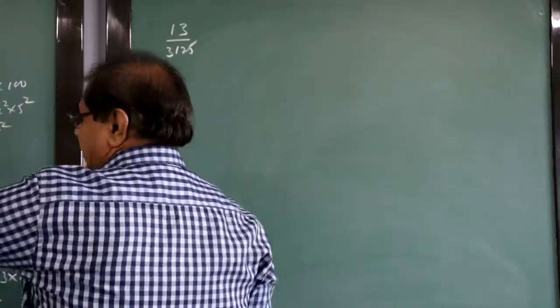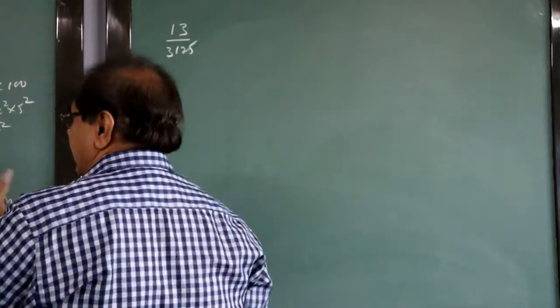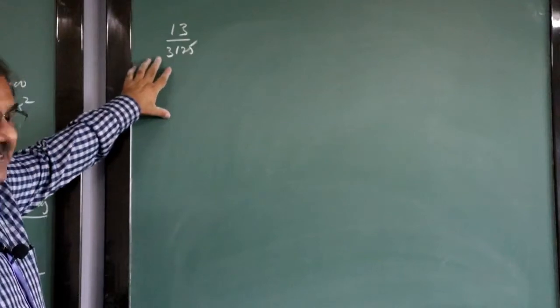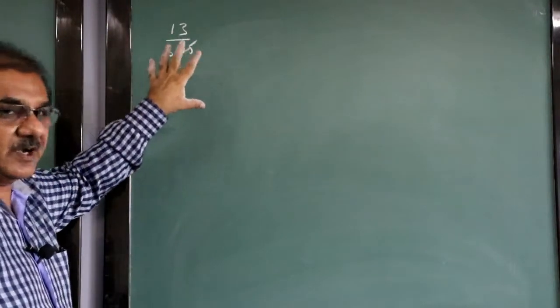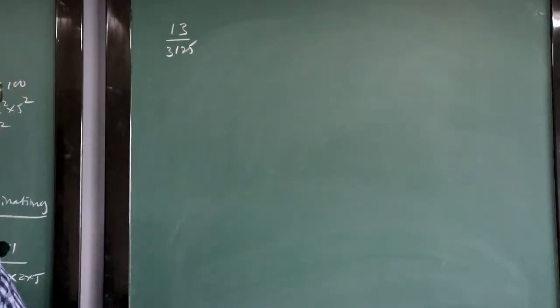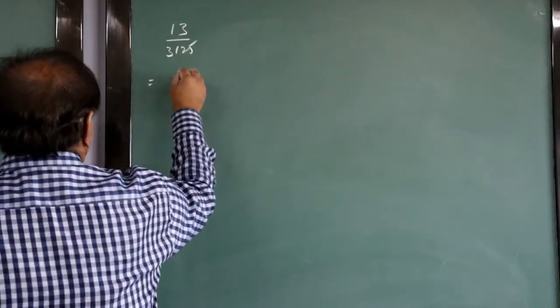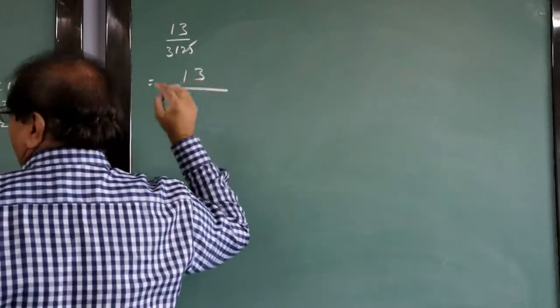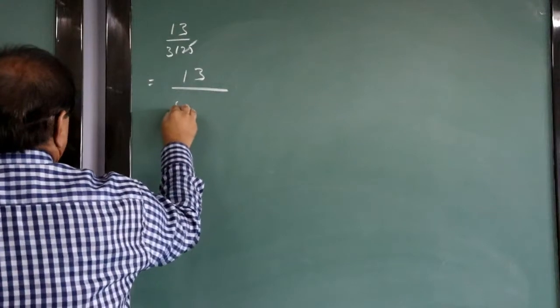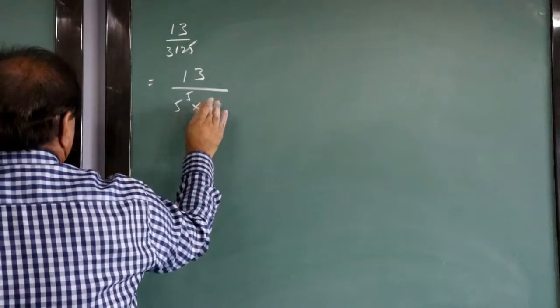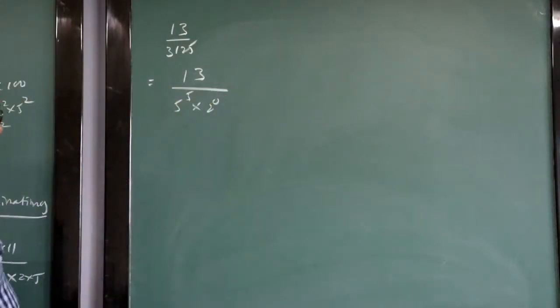13/3125. It was having a terminating decimal expansion. So we have to find that terminating decimal expansion for this. So how much we have done previously? 13/3125 means 5 raised to 5 into 2 raised to 0.